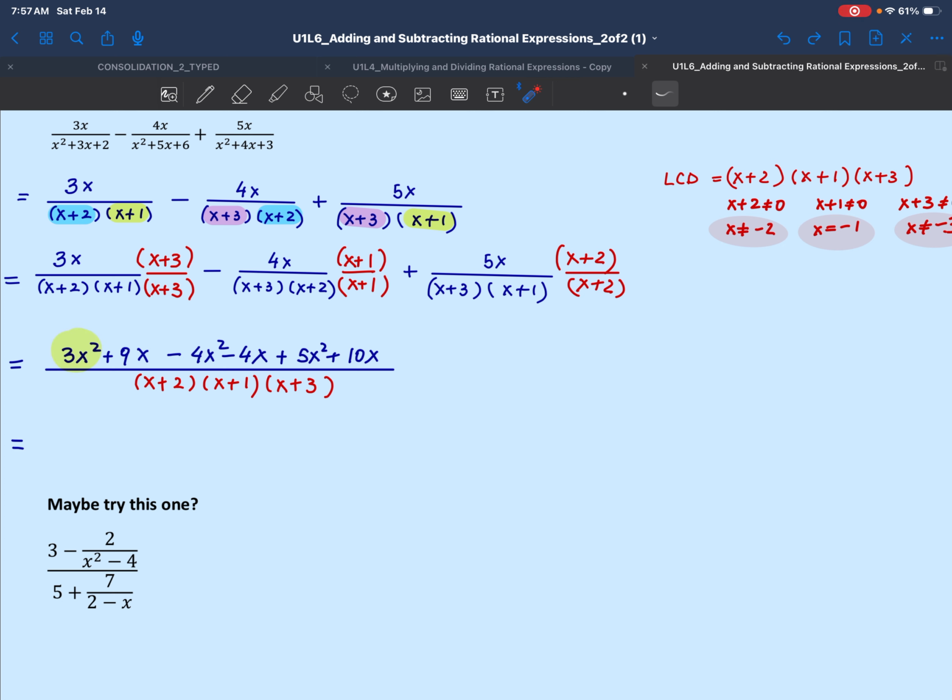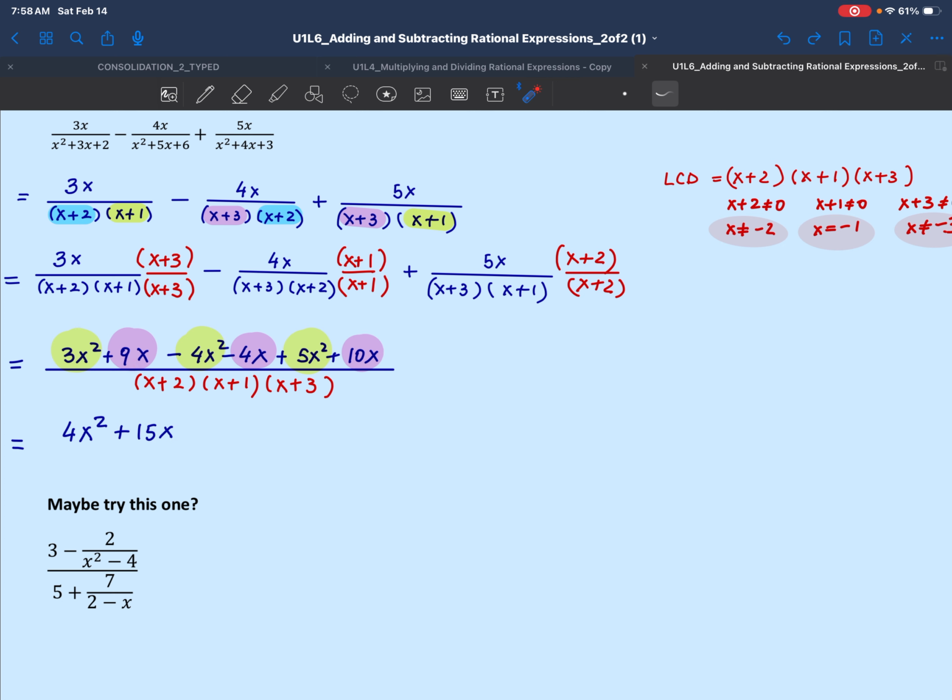As you can see here, we have 3x squared and negative 4x squared, and positive 5x squared as like terms. So 3 minus 4 is negative 1, plus 5 is positive 4x squared. And 9x, negative 4x, and 10x are like terms, and they will make 9 minus 4 is 5, plus 10, 15x.